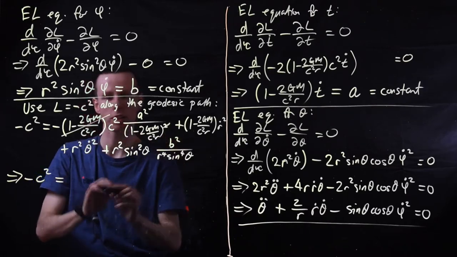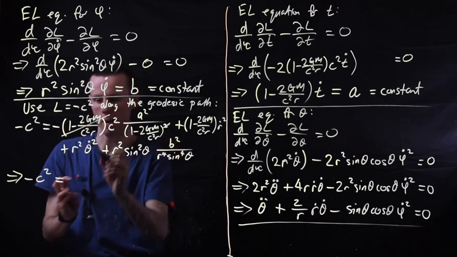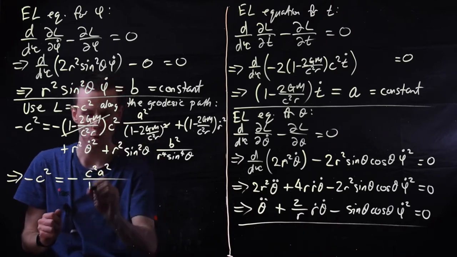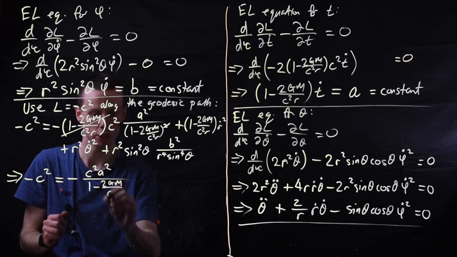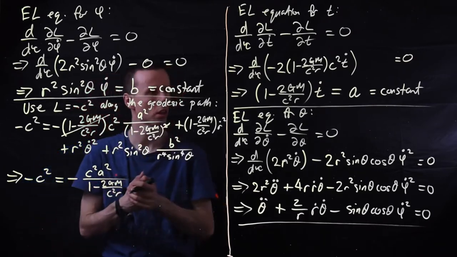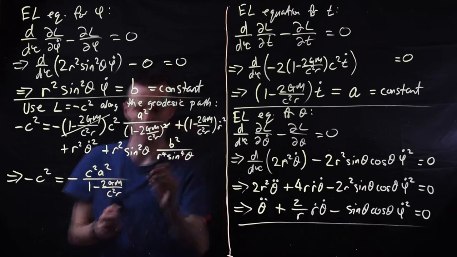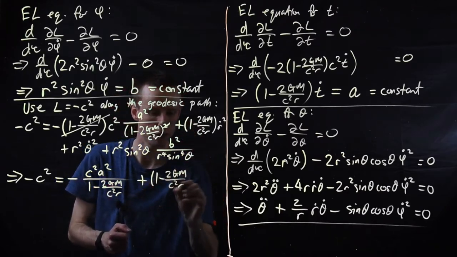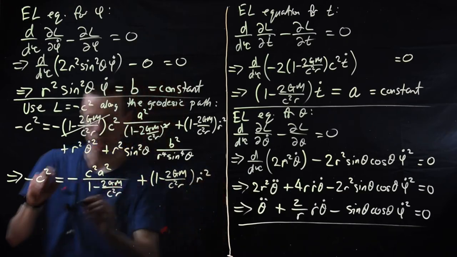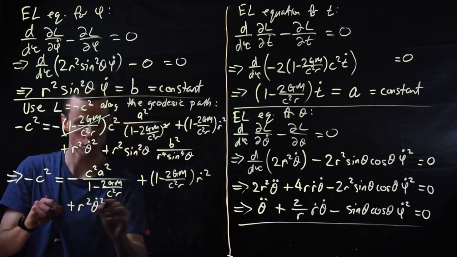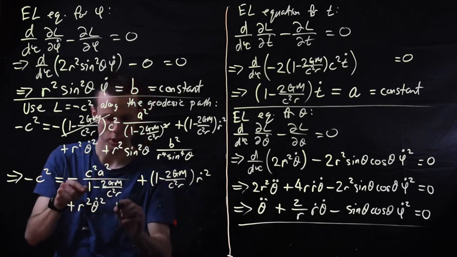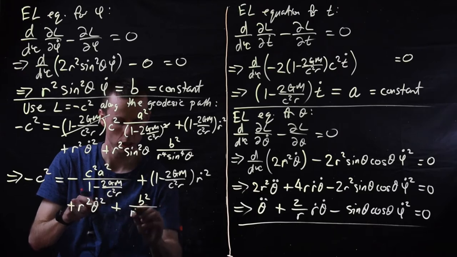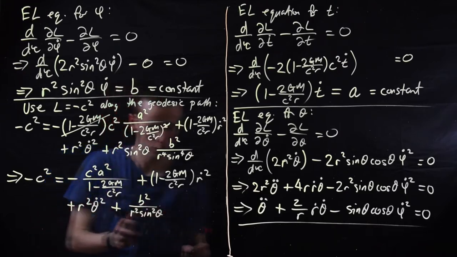That cancels that, so we just have minus c squared a squared divided by 1 minus 2gm over c squared r, and then plus 1 minus 2gm over c squared r times r dot squared, plus r squared theta dot squared, plus b squared over r squared sine squared theta.